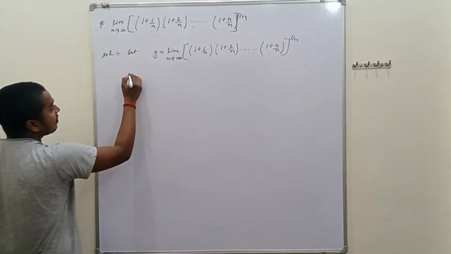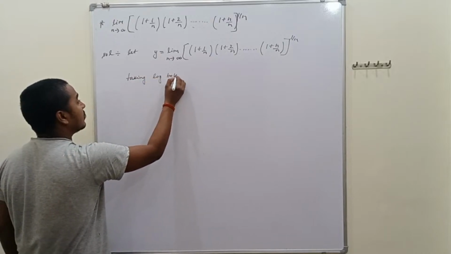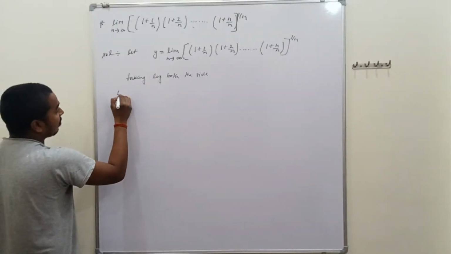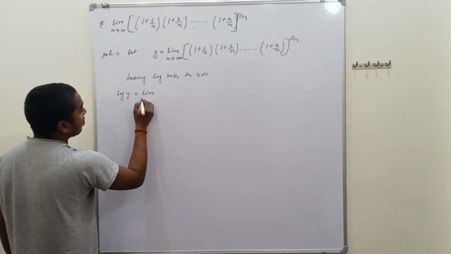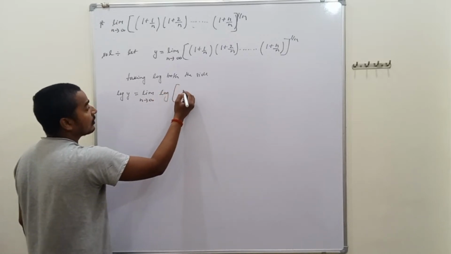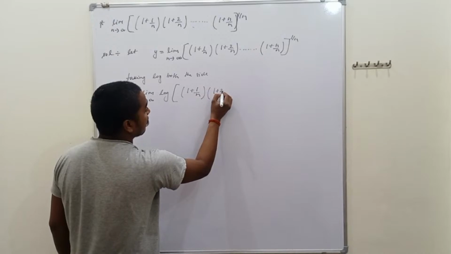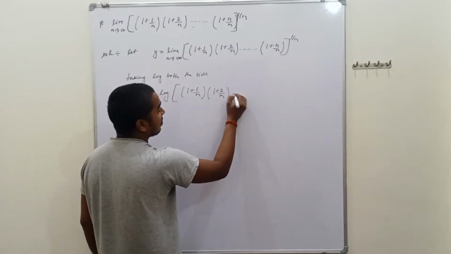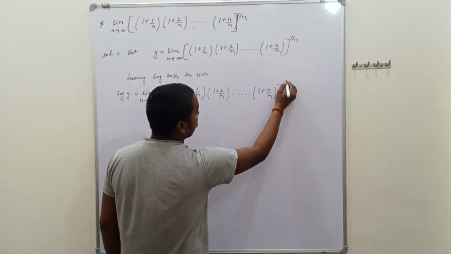Taking log on both sides, that is log of y is equal to limit n tends to infinity log of (1 plus 1 by n) and (1 plus 2 by n), and similarly (1 plus 3 by n), dot, (1 plus n by n), whole power 1 by n.